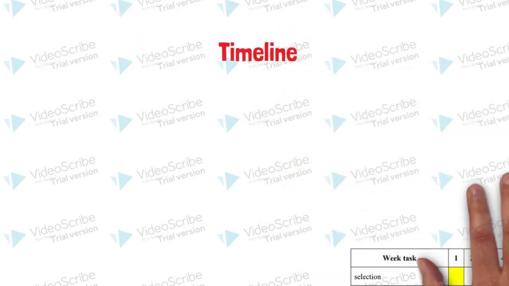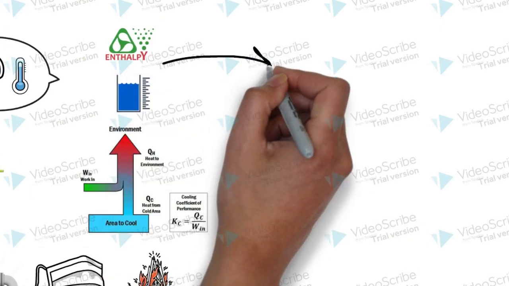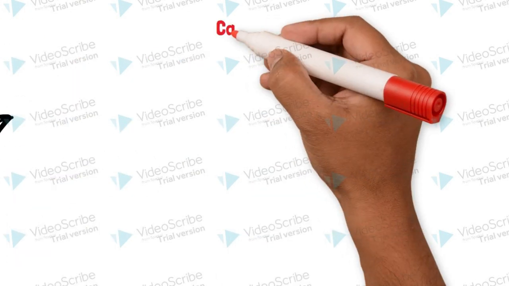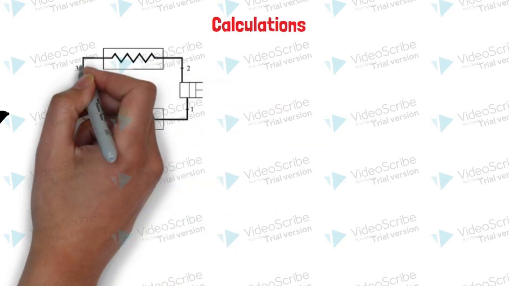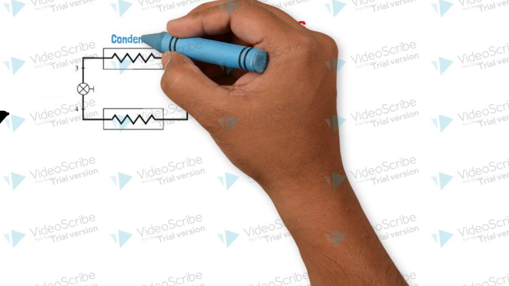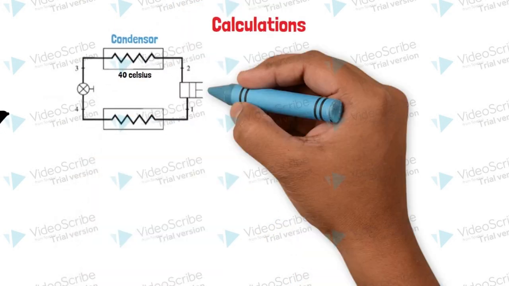According to the timeline, now we are at the week 9 calculation and analysis stage. Under the calculation stage, using thermodynamic property tables and the energy balance, we calculated the coefficient of performance values for each case theoretically. For condenser at 40 degrees Celsius and evaporator at 10 degrees Celsius, the COP values were calculated.